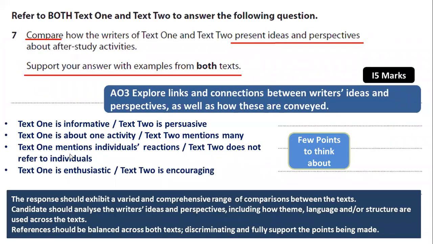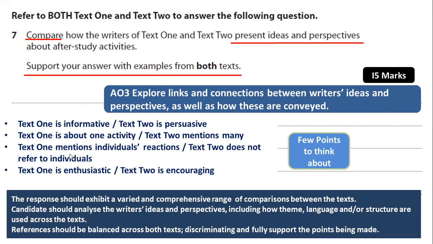Moving on to question number 7, this is where we actually involve both text 1 and text 2, because if you read the question, you can see it says refer to both text 1 and text 2 to answer the following question. So this is where you need to learn how to compare texts, compare how the writers of text 1 and text 2 present ideas and perspectives about after study activities.